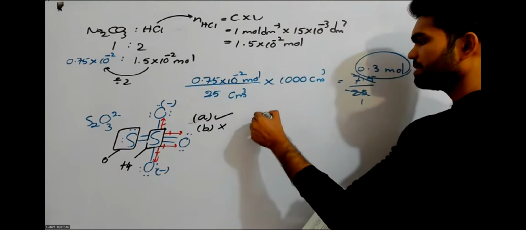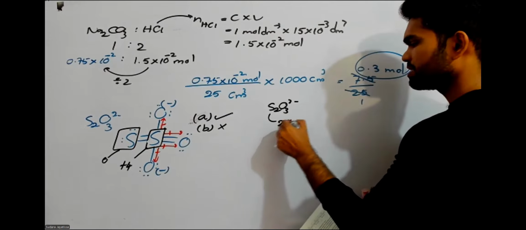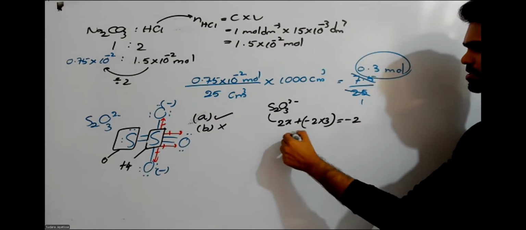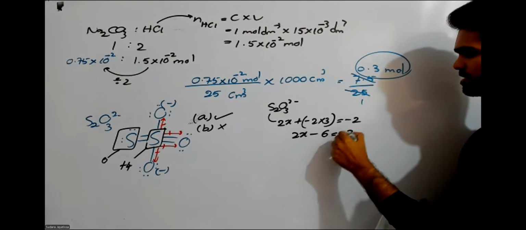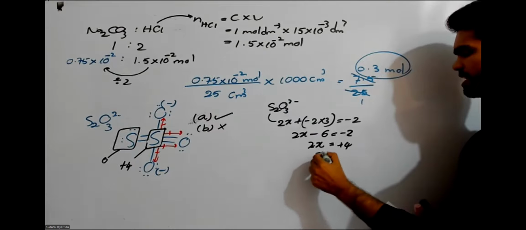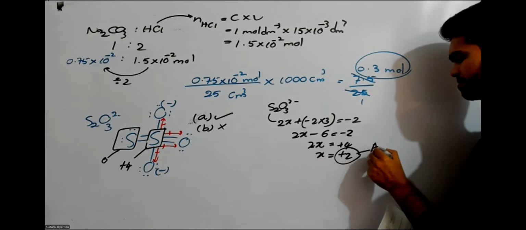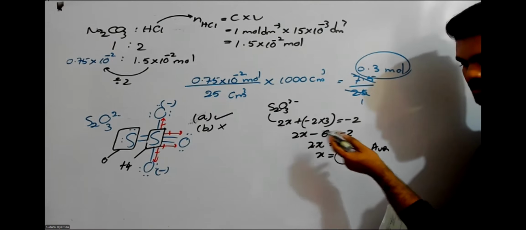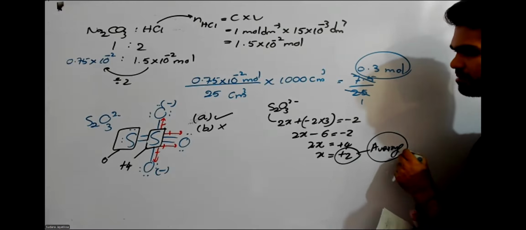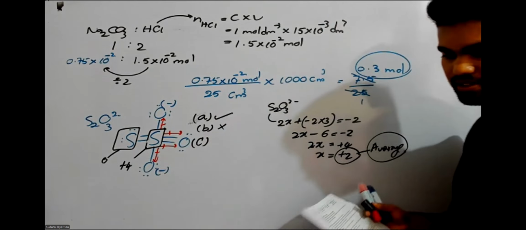But if you apply the mathematical method for this one, we write 2x plus minus 2 into 3 equal to the charge, so 2x minus 6 equals minus 2, 2x equals +4, and x equals +2. So that is an average value. What is the average of 4 and 0? 2. Okay, so this is the average oxidation number. So don't get confused here. Actual oxidation numbers are different.